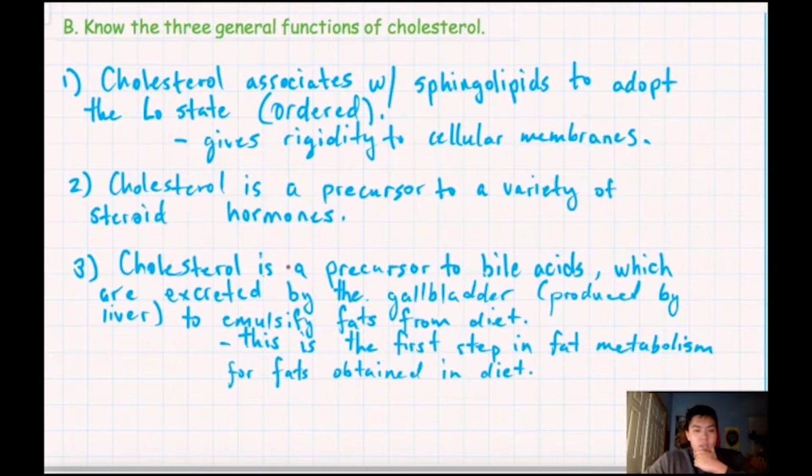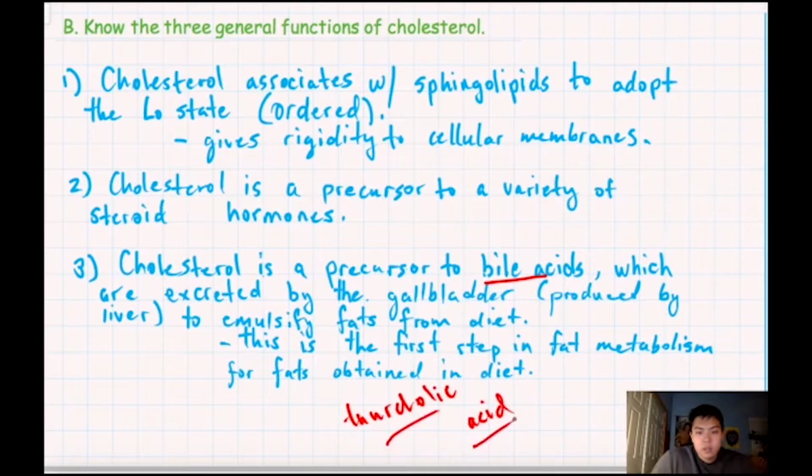And the last one is it's a precursor to bile acids. Bile acids are made in your liver, but they're stored in your gallbladder. When you eat something really fatty, or anything that has fat in it, your gallbladder is going to excrete bile acid into it. Another word is taurocholic acid.